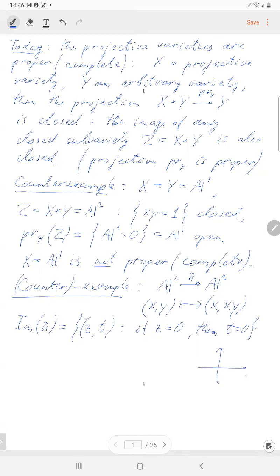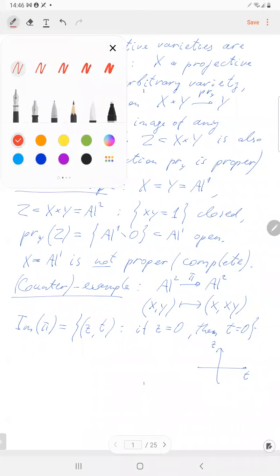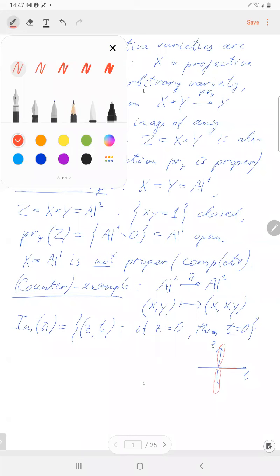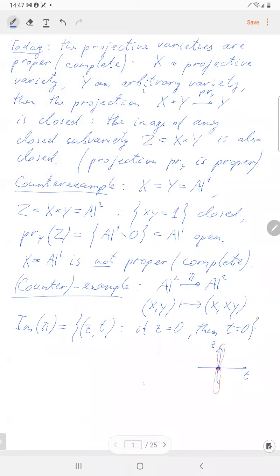So there's our T coordinate, this is our Z coordinate, and if Z is zero, then T is zero as well. So this part is removed, and this part is removed, but the origin is in there.